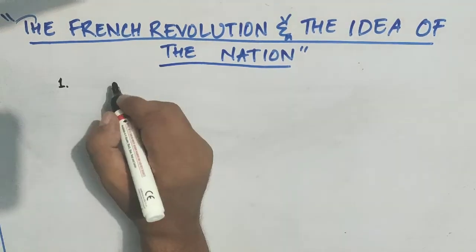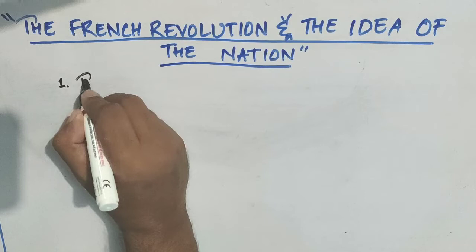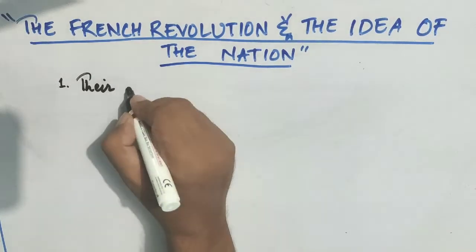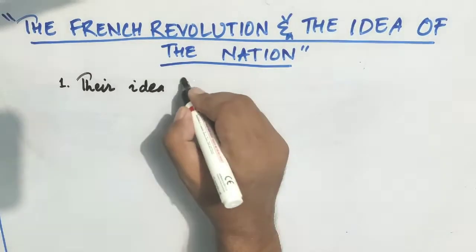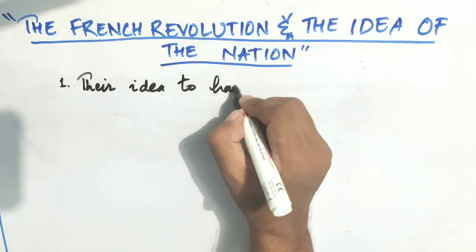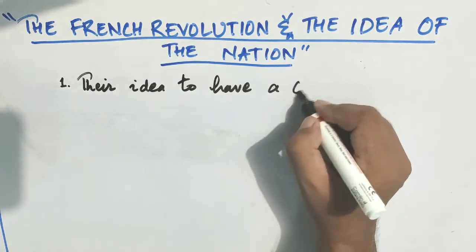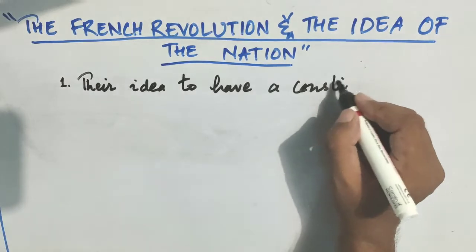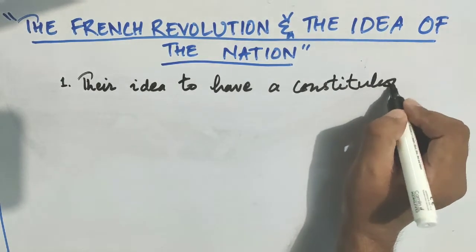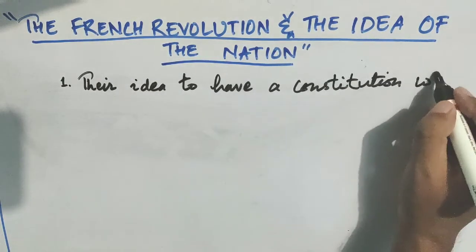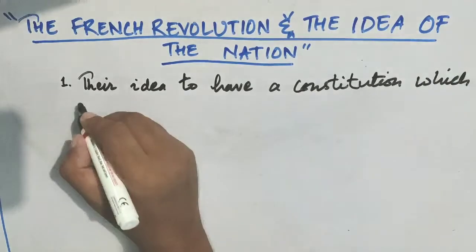The first idea of nationalism came with the French Revolution of 1789, and since then it has inspired all the countries of the world. If the monarch had done good deeds for the citizens, they would have never revolted. The citizens wanted a change, and this change gave birth to the French Revolution.